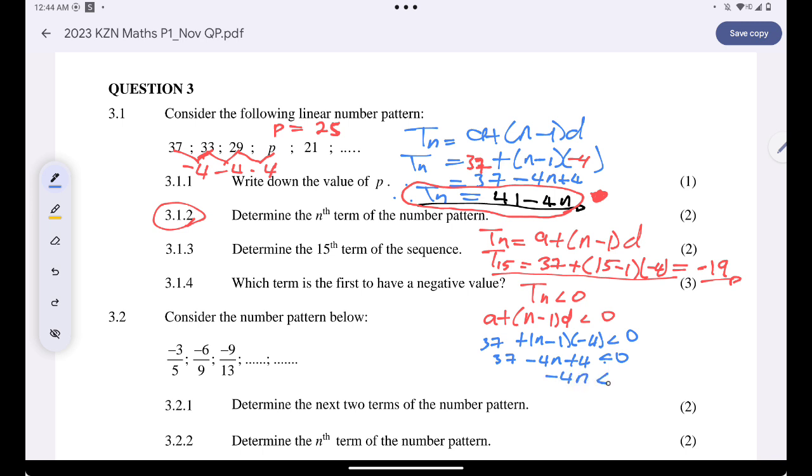Negative 4n is less than, I'll take the 4 and the 37 to the other side, and then I'll have 41. Then n is any number greater than 41 over 4. What is 41 over 4? 41 divided by 4 is 10.25.